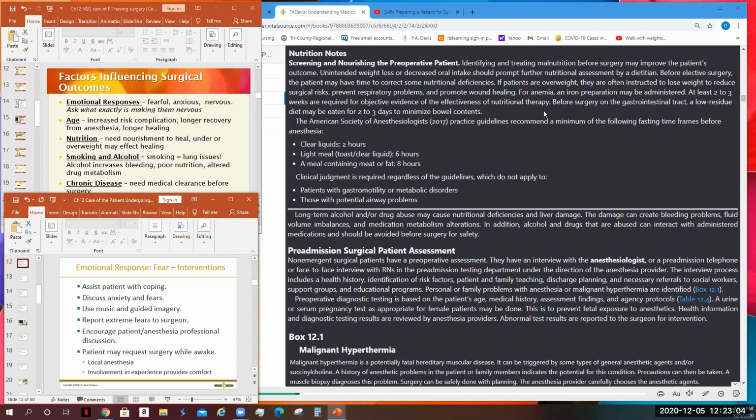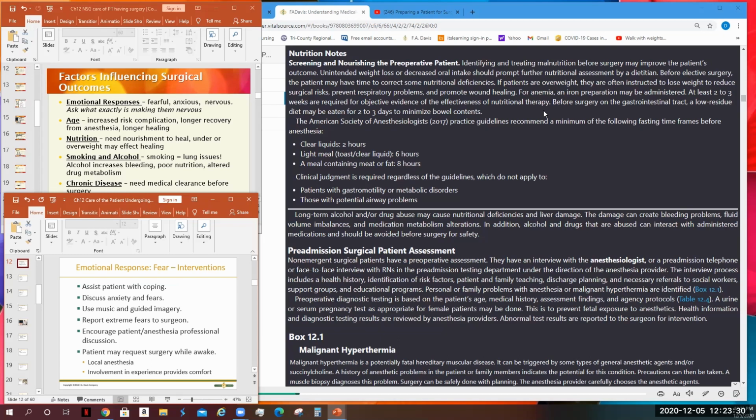Before elective surgery, the patients may have time to correct some nutritional deficiencies. If patients are overweight, they are often instructed to lose weight to reduce surgical risks, prevent respiratory problems, and promote wound healing. For anemia, an iron preparation may be administered.